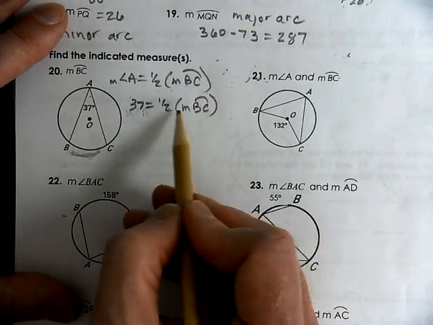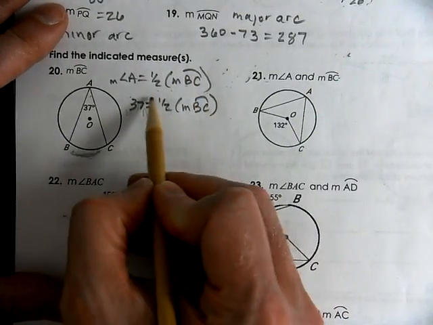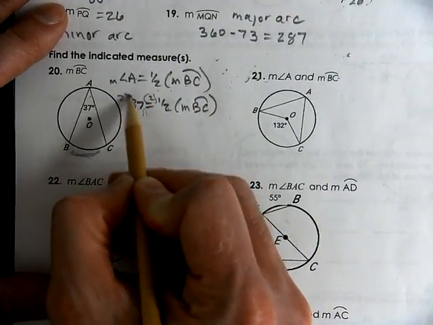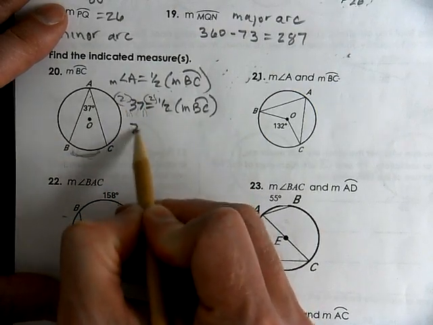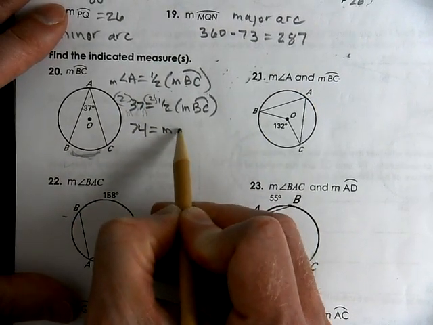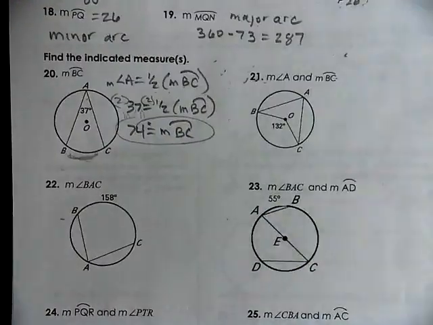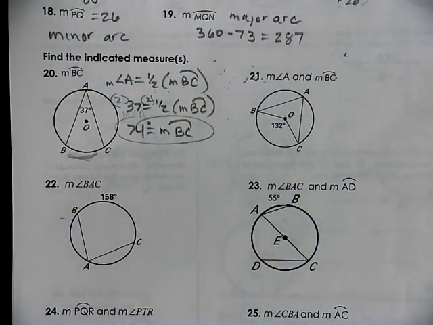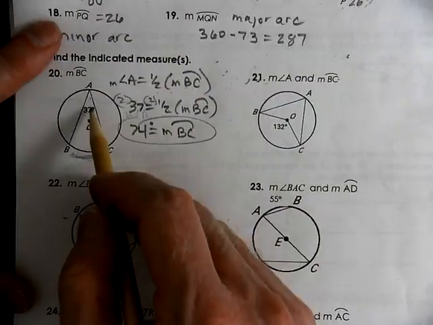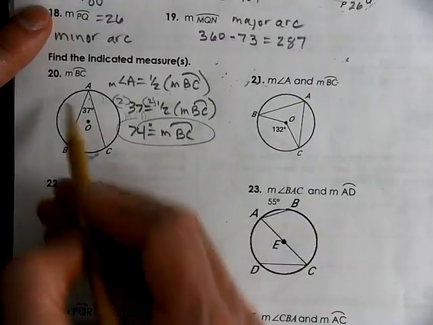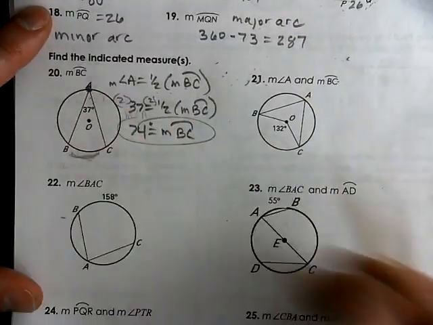I can't take half the arc because I don't know what the arc is, so I'm going to times by 2 to bring it over here. And I get 74 is the measure of BC, 74 degrees. Double the angle to get the arc. Half of the arc is the inscribed angle, since the vertex is on the side of the circle.